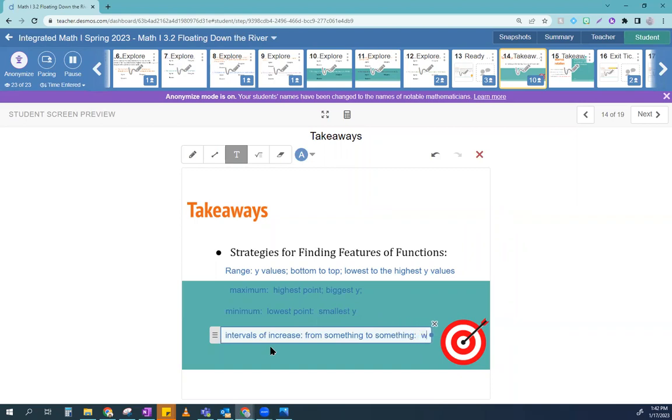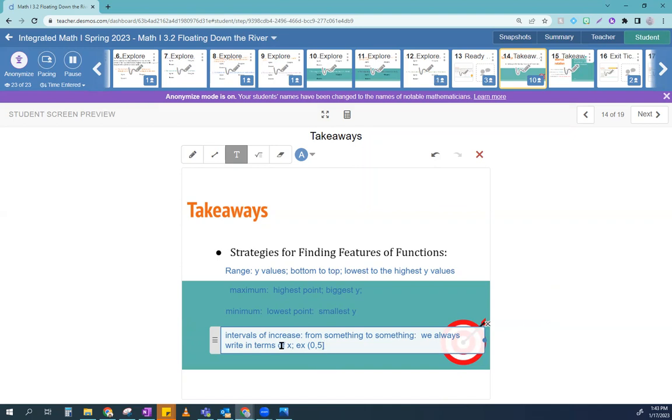And we always look at the X's. We always write in terms of X. An example would be from 0 to 5, where it starts increasing at 0 and continues increasing all the way to 5. And then at 5, something happens. Either it starts leveling off and it's flat, or now you've got to start going down.